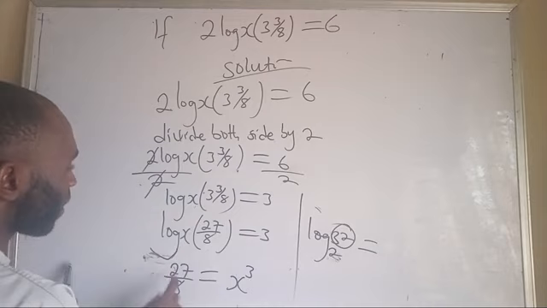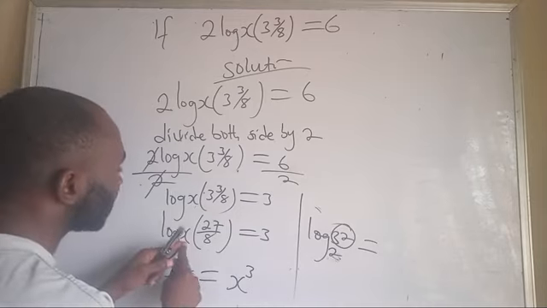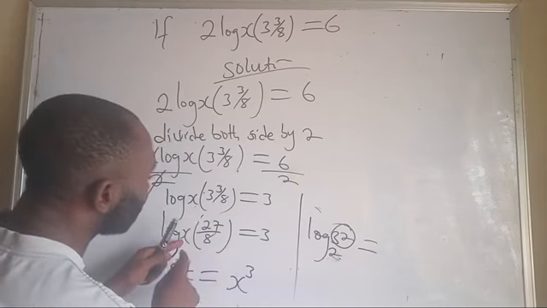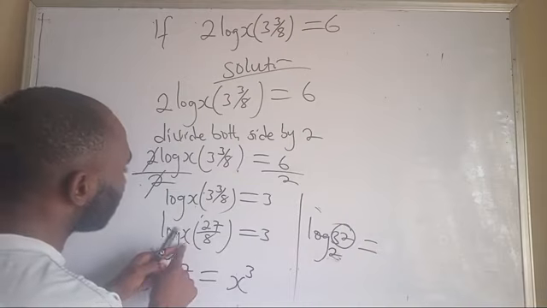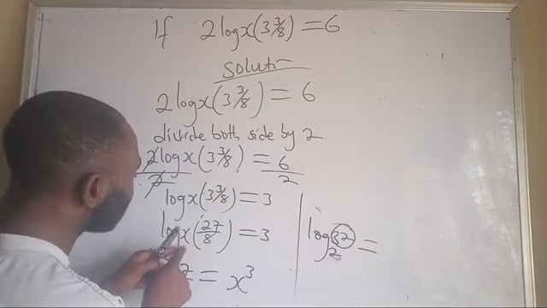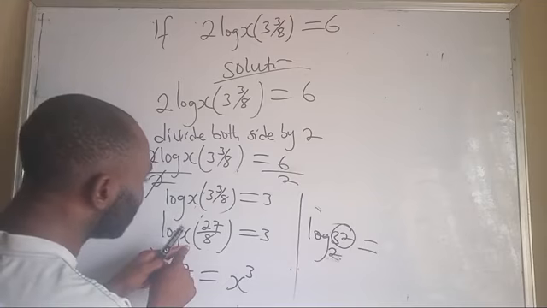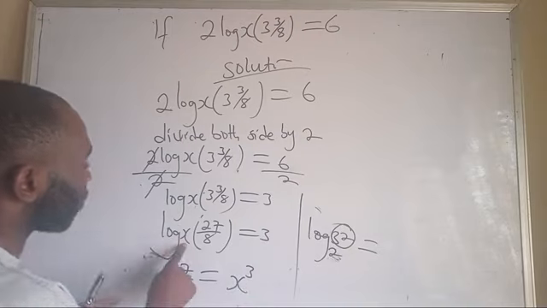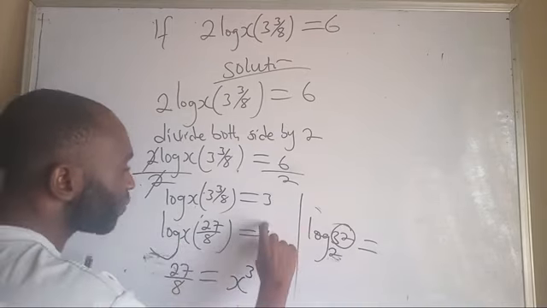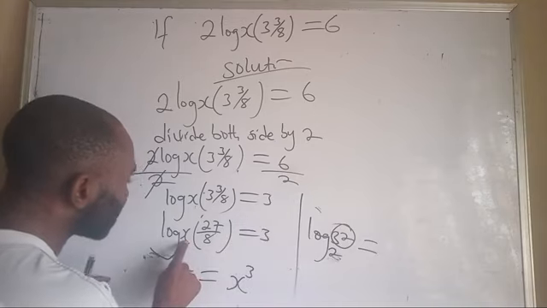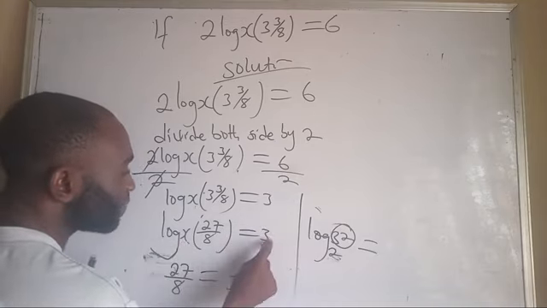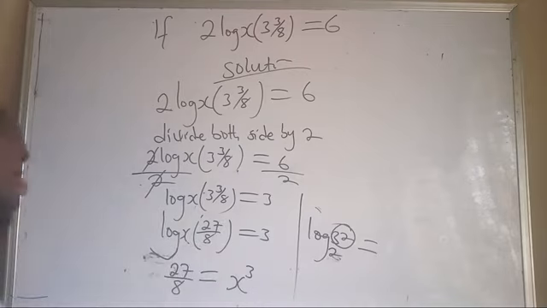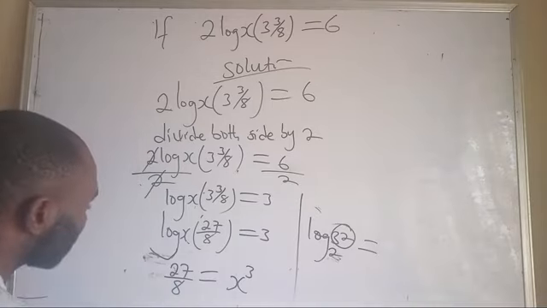So you think of what the base will be raised to give you what is here, 27 all over 8. You remove the log by saying x raised to the power of 3 is going to give you 27 all over 8.